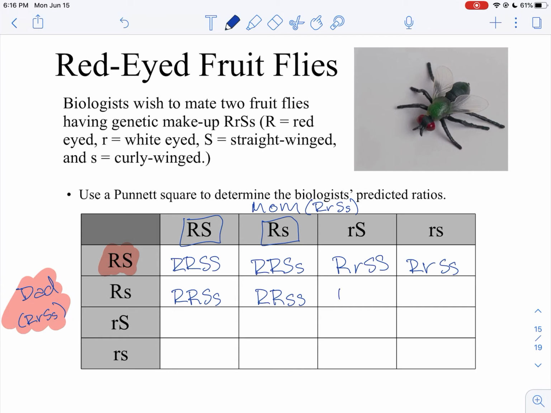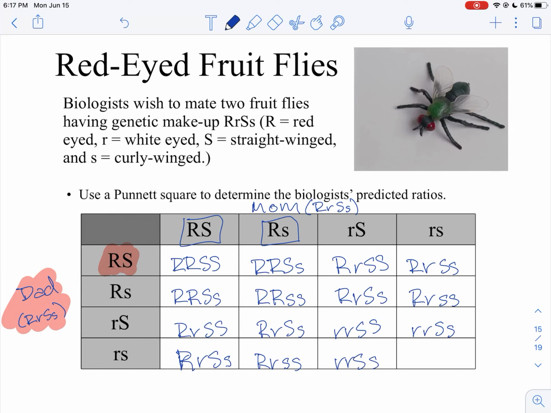So capitals, lowercase, capital, lowercase, capital, lowercase, capital, lowercase, and then we'd have capital, lowercase, capital, lowercase, lowercase, capital, lowercase, capital, capital, lowercase, capital, lowercase, lowercase, capital, lowercase, and then finally all lowercase.